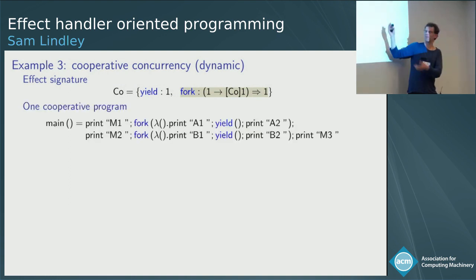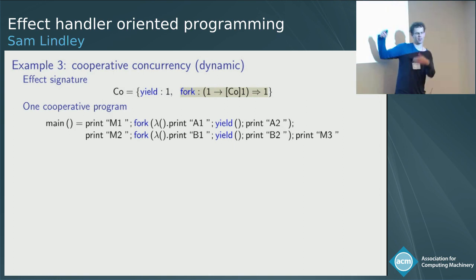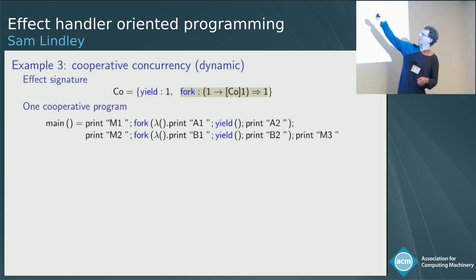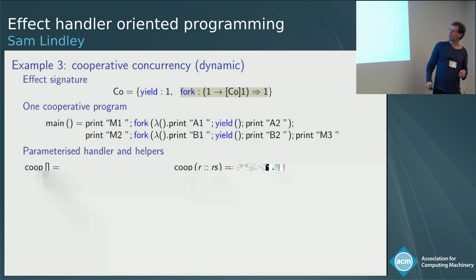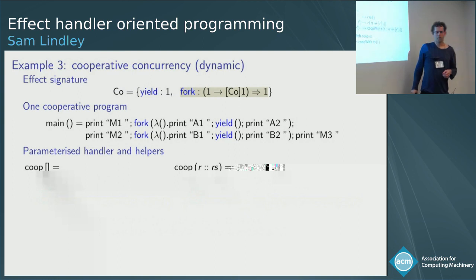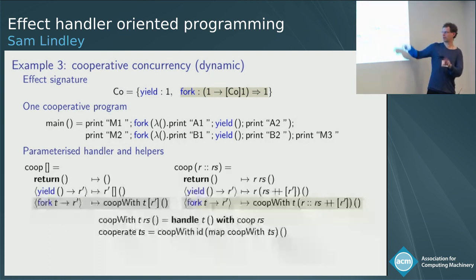Now, given this setup, rather than writing two separate threads, we can write a single program that forks them. And we're going to print out some things in the main thread as well. We don't actually have to make a very big change here. The handling of yield is identical, and the helper functions are identical. We just need to say what to do with fork.